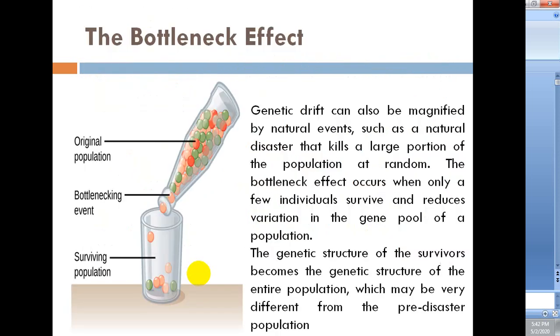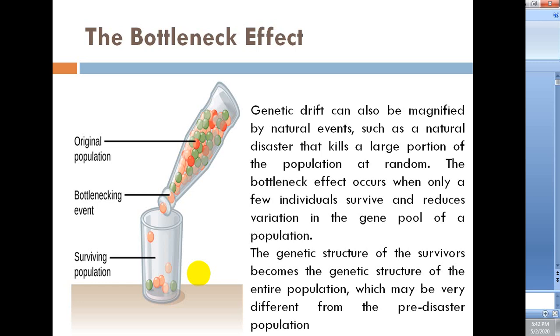Now there is another phenomenon that can enhance the effect of genetic drift, that is called the bottleneck effect.